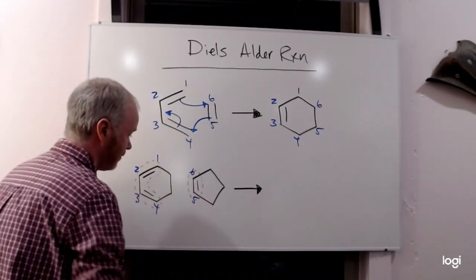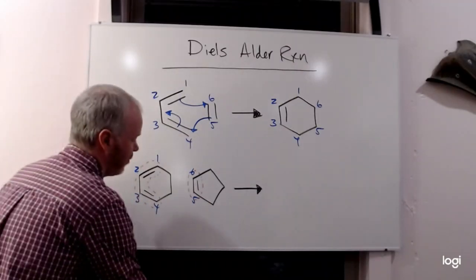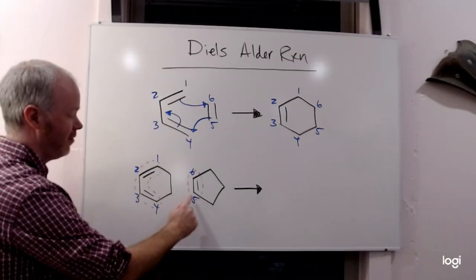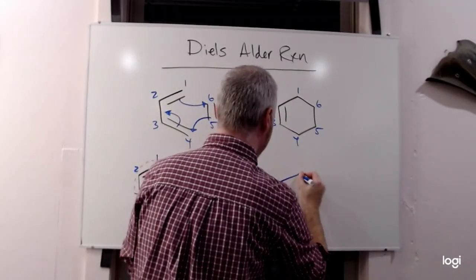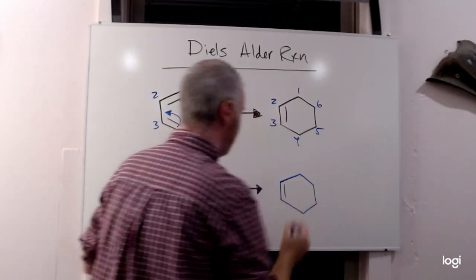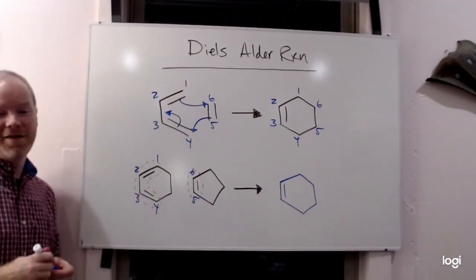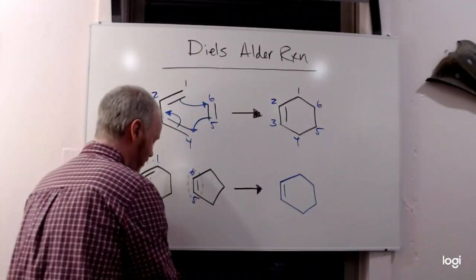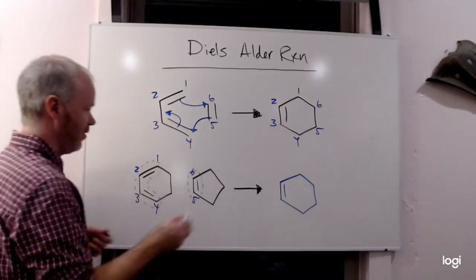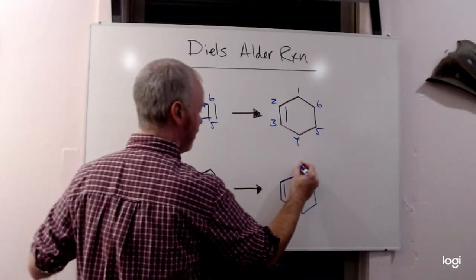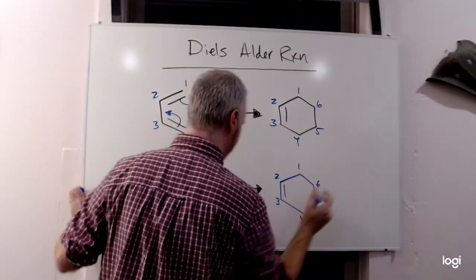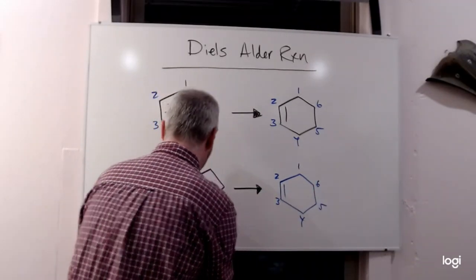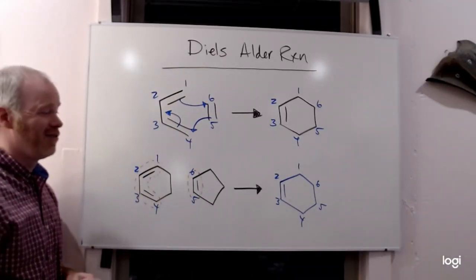So then those 4 and these 2, we know we're going to make this ring. So every Diels Alder reaction is going to make cyclohexene, basically, and then everything else is just attached to it, right? So this was my carbon 1 on the top, 2, 3, 4, 5, 6. And then I just figure out where everything else is to draw this structure.